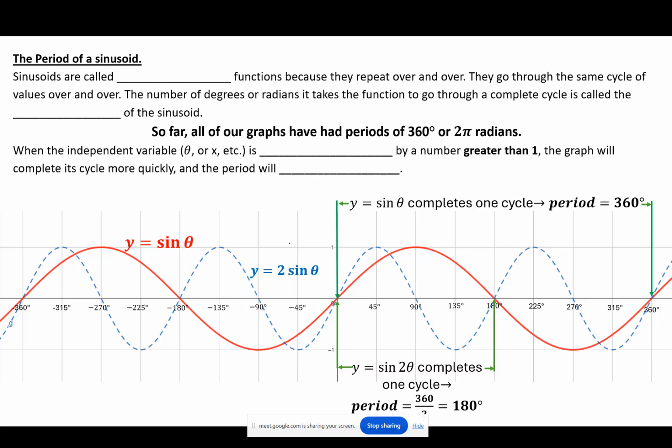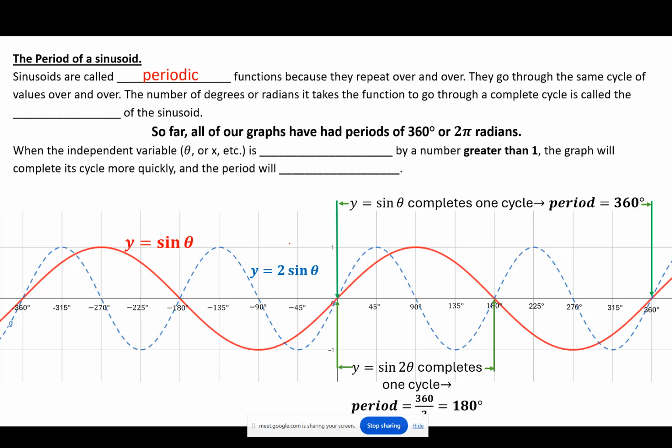All right, now another thing that could happen to a sine or cosine function that would make you have to write the equation differently. Sinusoids are called periodic functions because they repeat over and over again. They just keep going up and down and up and down, looking exactly the same.